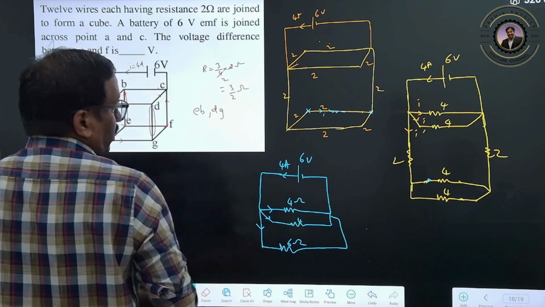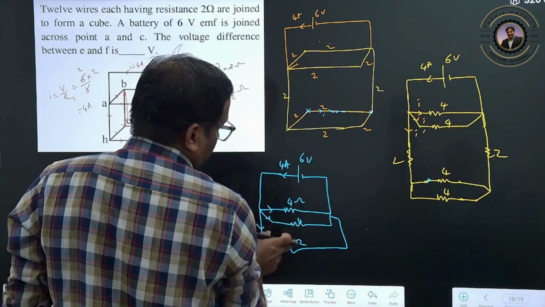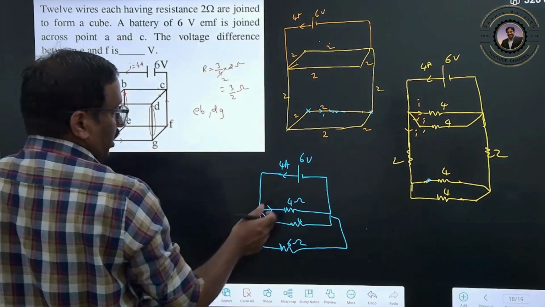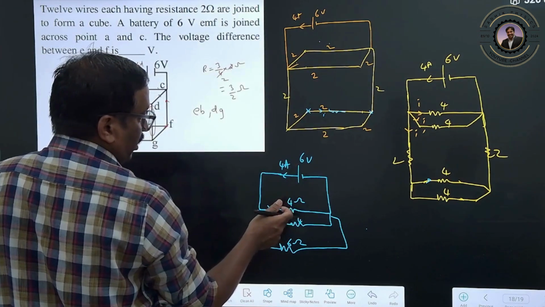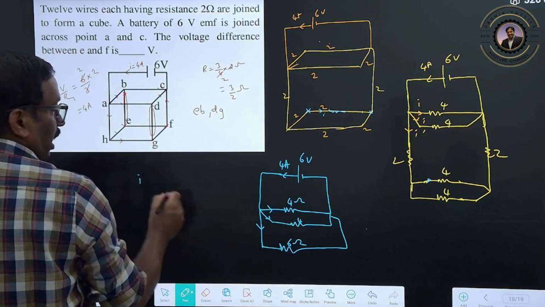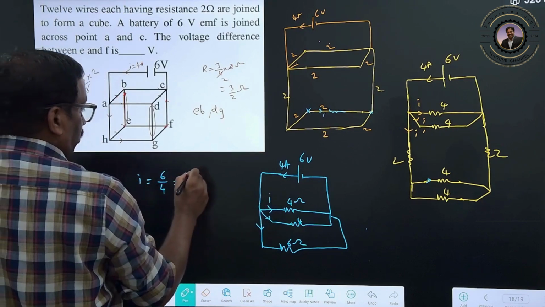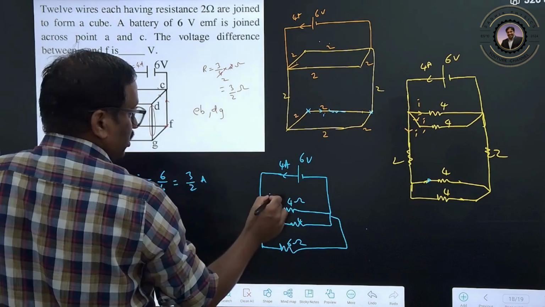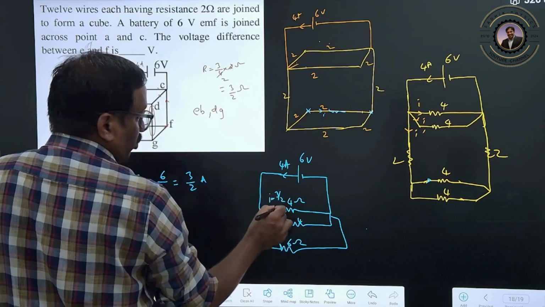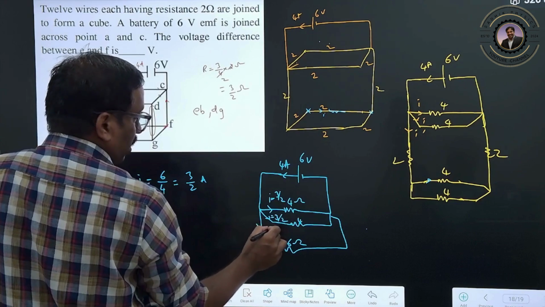We know that the potential difference across this one, this one, and this one will be the same. So 6 volts only, current I will be 6 by 4, therefore 3 by 2 ampere. Across this one is 3 by 2, across this one is 3 by 2, so 3 ampere goes through them, therefore 1 ampere comes out.